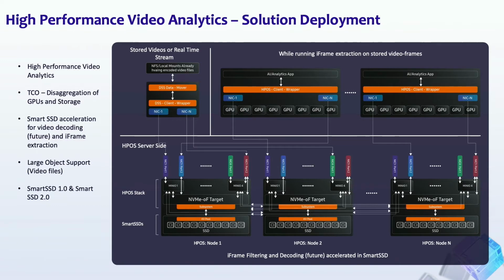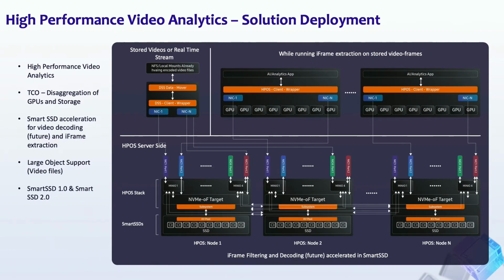Then it goes to the HPOS servers, where we use a technique called iframe filtering, nothing to do with the HPOS. It's a very well-researched technique in video AI, where we use iframe information only instead of the whole video. The HPOS solution comes with its own ecosystem, like a data mover and everything, so customers just need to install those tools.